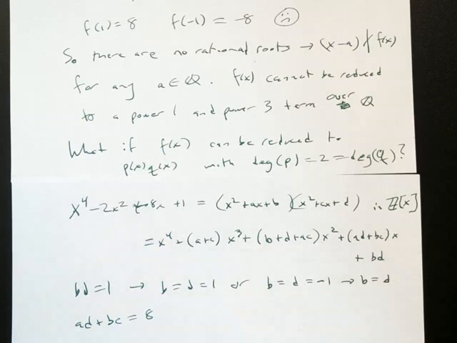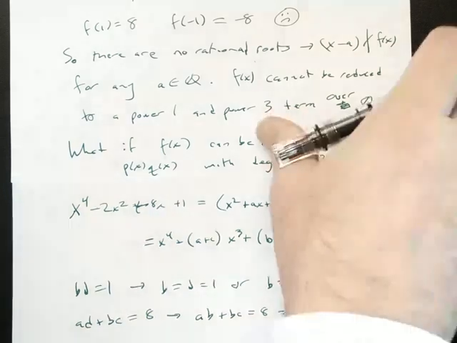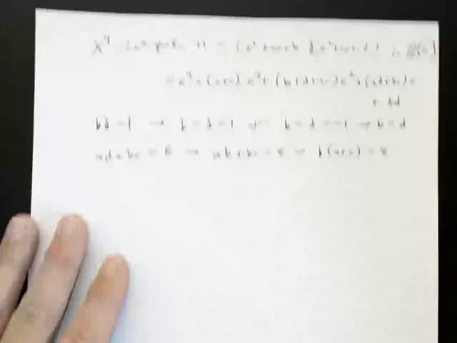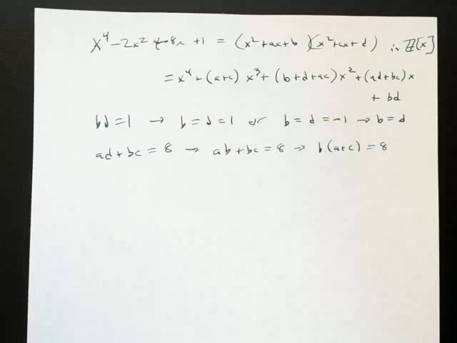So that means that AB plus BC equals 8. And that means that B times A plus C equals 8. And now my brain goes, wait a minute, I have a problem with that. Why do I have a problem with that?